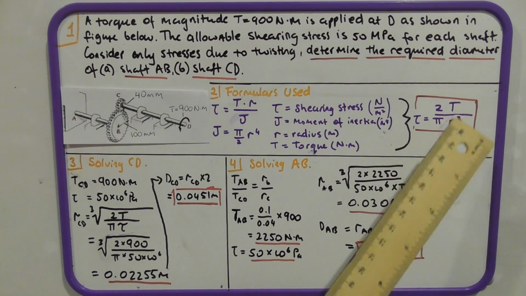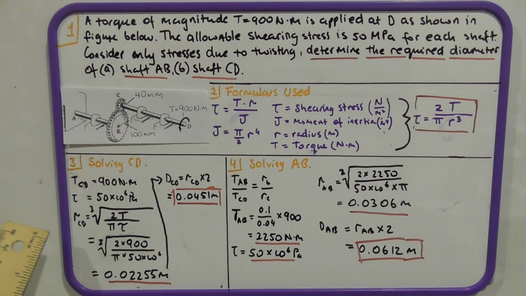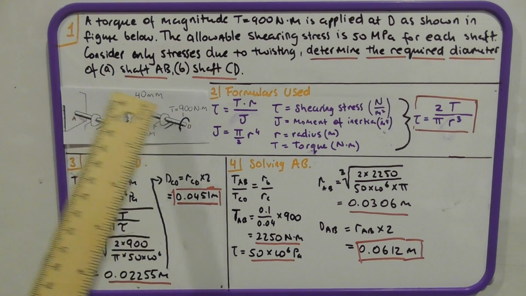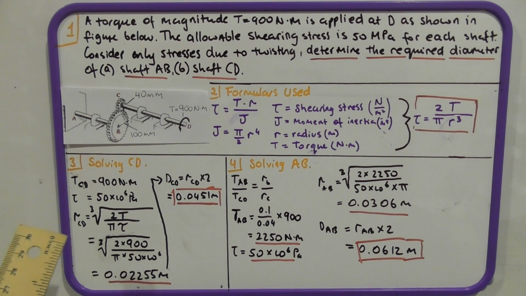And if we rearrange this formula here, we will find that the radius of the shaft from C to D equals the cube root of 2 times torque divided by pi times shearing stress. So, cube root of 2 times 900 divided by pi times 50 times 10 to the 6, and you'll get a radius for CD of 0.02255 meters.